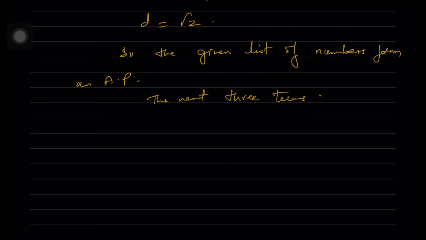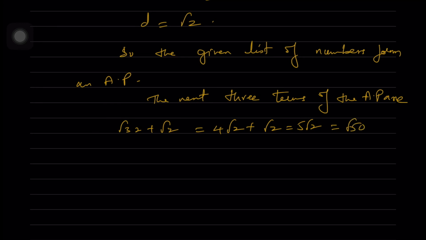So the given list of numbers form an AP. The next three terms of the AP are root 32 plus root 2, which is equal to 4 root 2 plus root 2, which is equal to 5 root 2, that is equal to root 50.